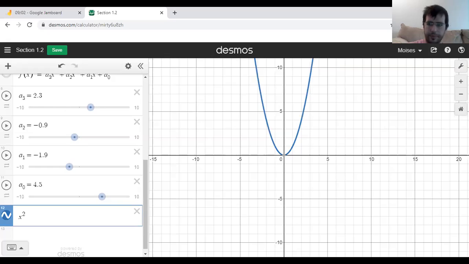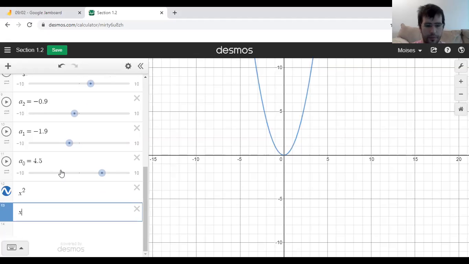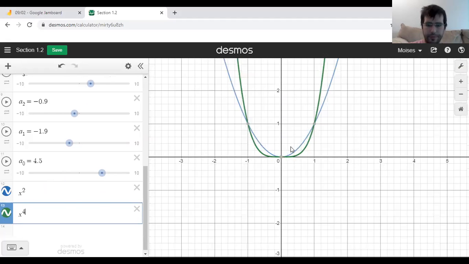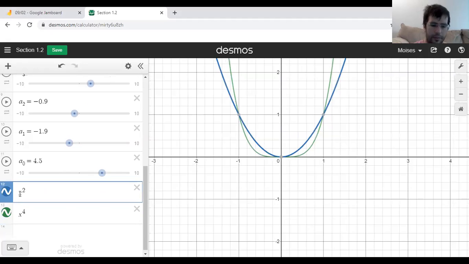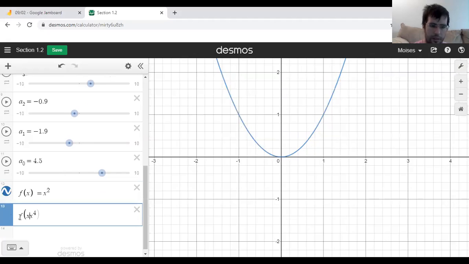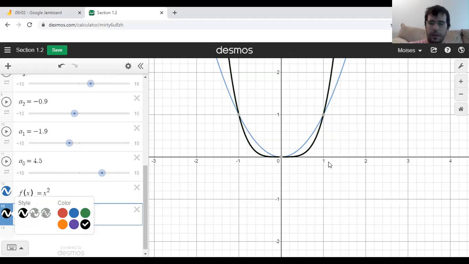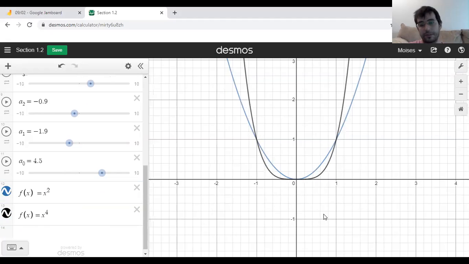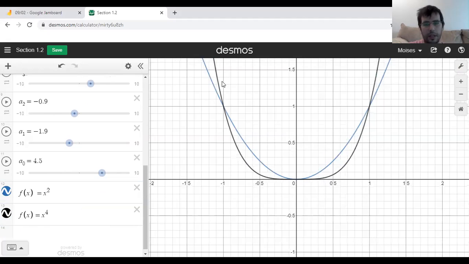If you do x squared, so x to the fourth, it's not a parabola, but it kind of looks like one.